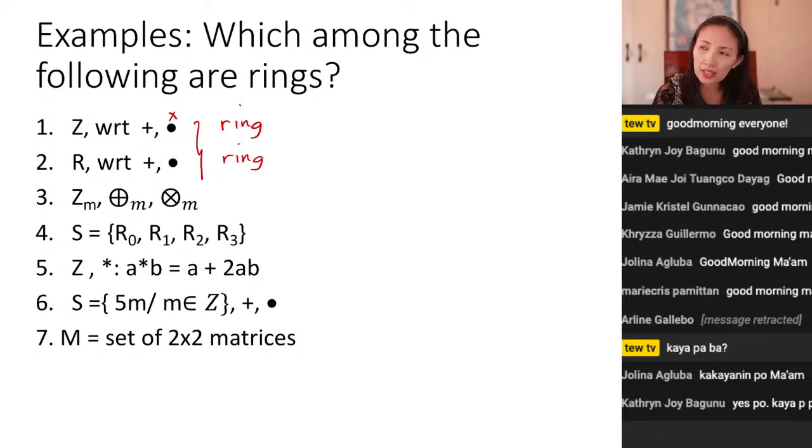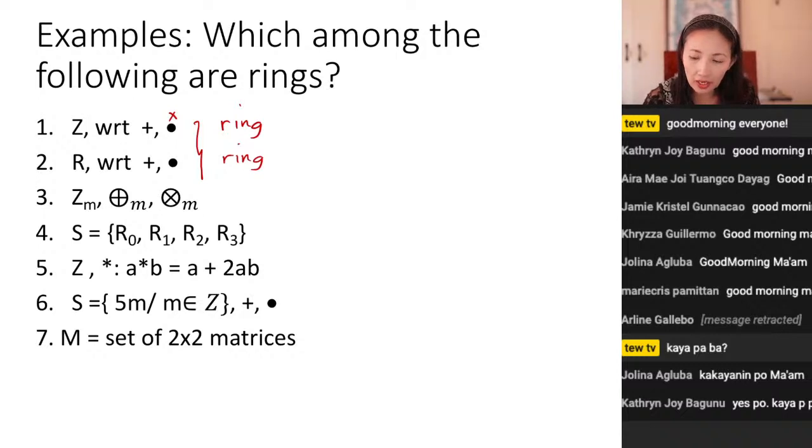And then, number 6, closure with respect to multiplication, yes. If you recall, I asked you to construct Cayley's table before for Z sub M. And then associativity, check. And left and right distributivity, check.